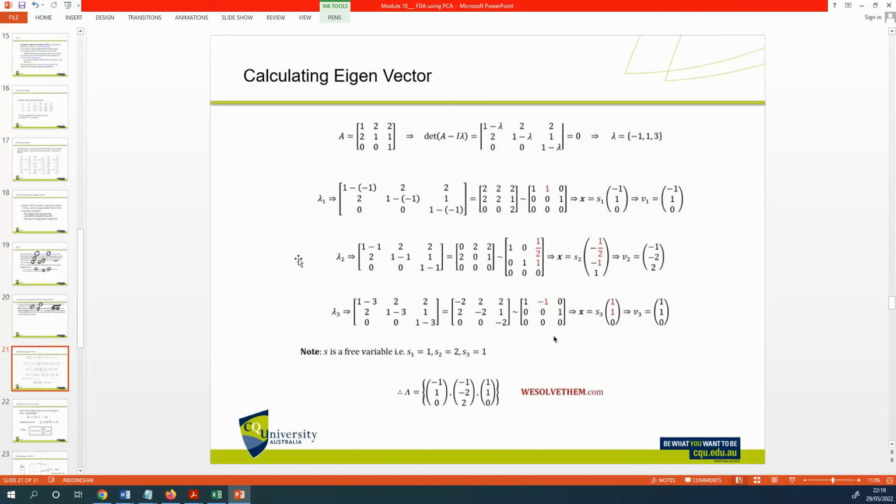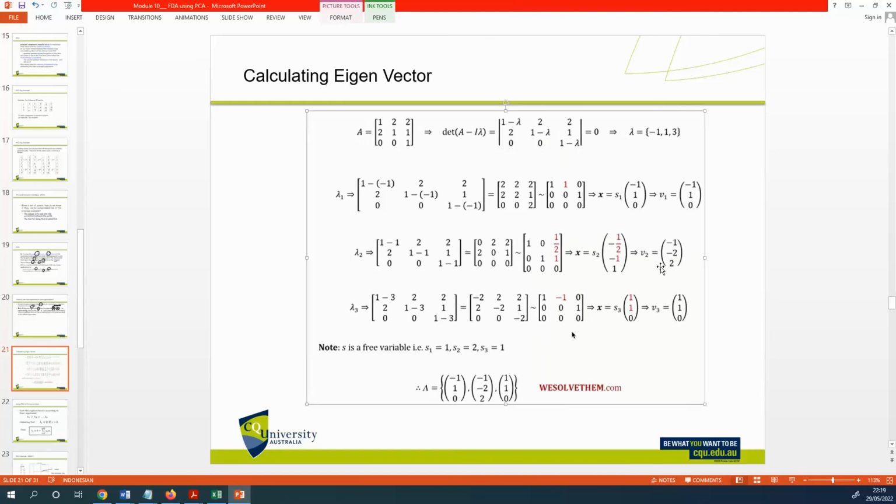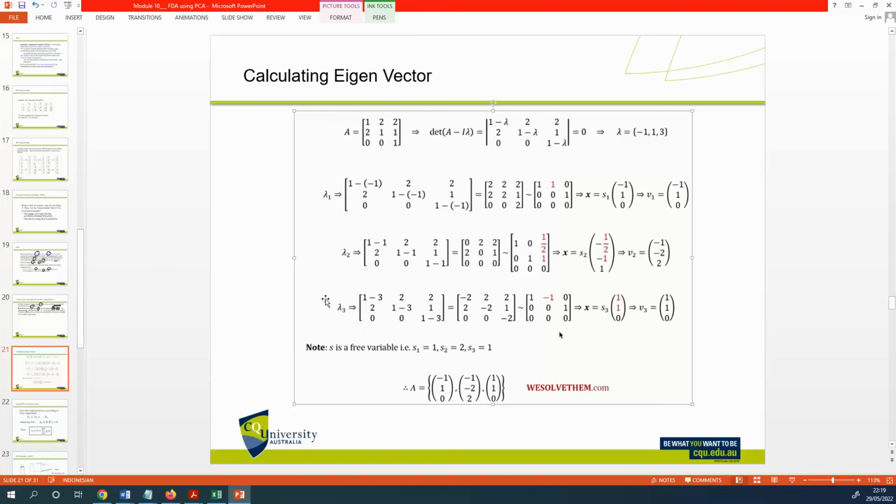And when we put the eigenvalue for the lambda as 1, then we get the eigenvector here. And then for eigenvalue number 3, we put 1 minus 3, 1 minus 3, 1 minus 3, and we follow the eigenvector, we get the eigenvector as 1, 1, 0.